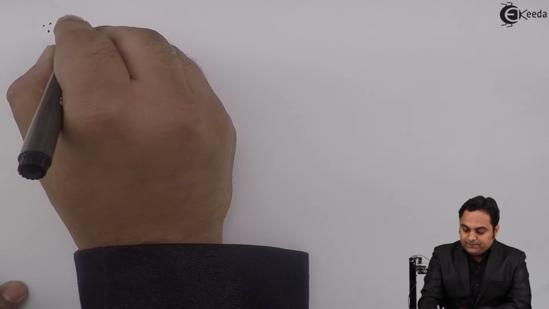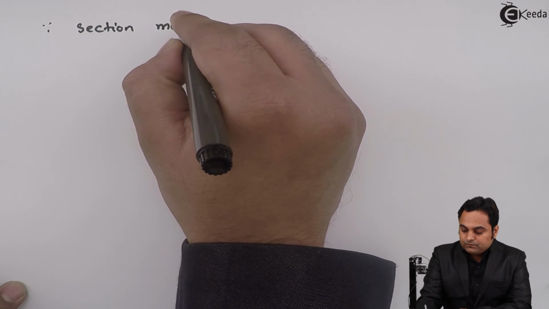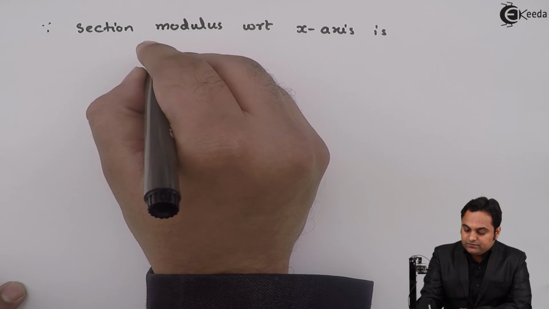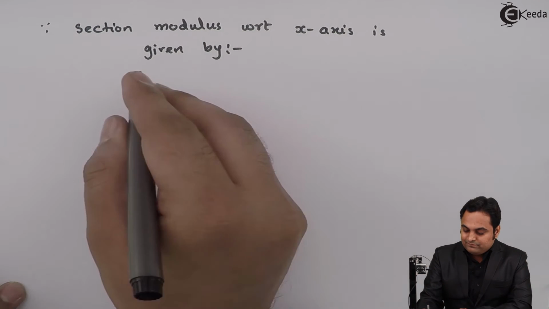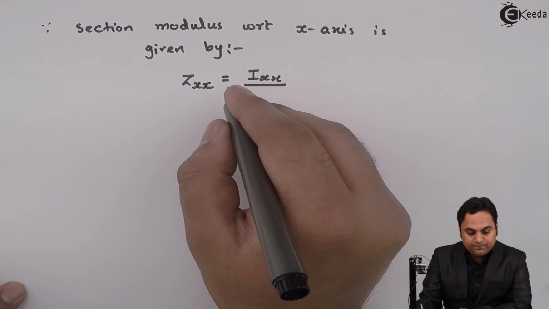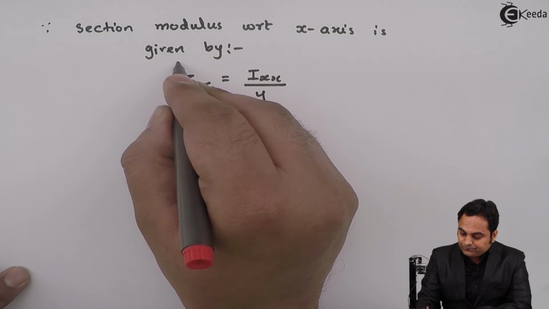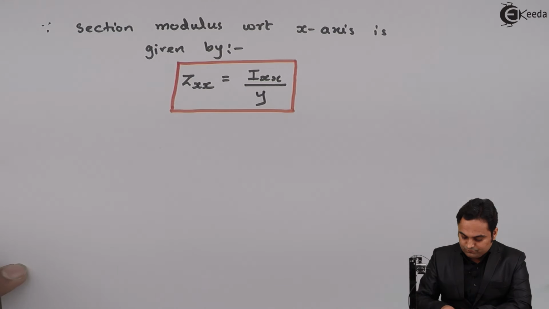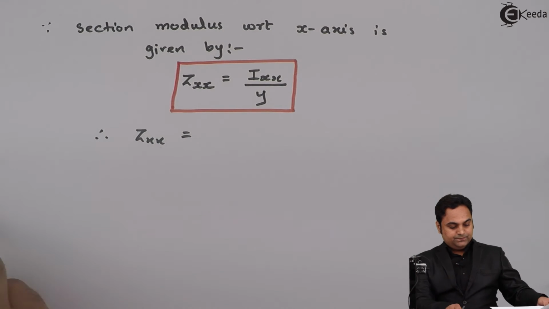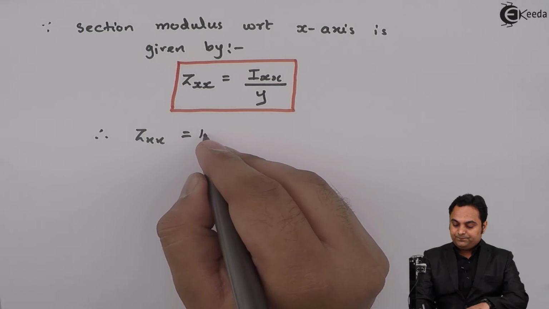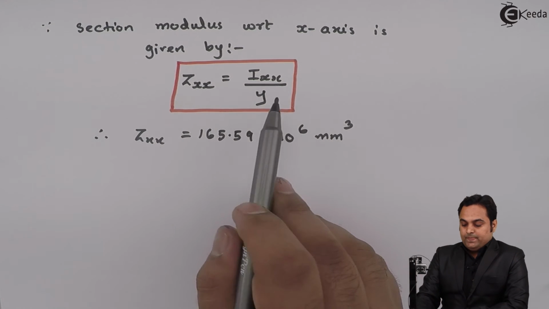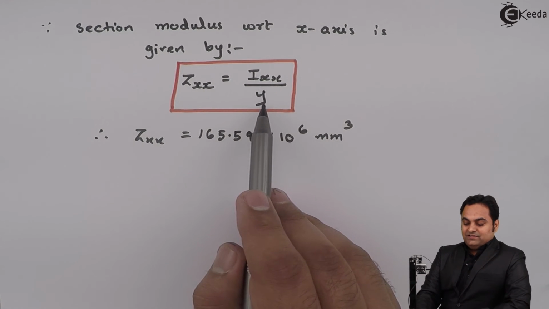So here, since section modulus with respect to x-axis is given by Zxx is equal to Ixx upon y, therefore Zxx is equal to Ixx, it was 165.59 into 10 raised to 6 mm cube, because here I has a unit mm raised to 4, y is mm.